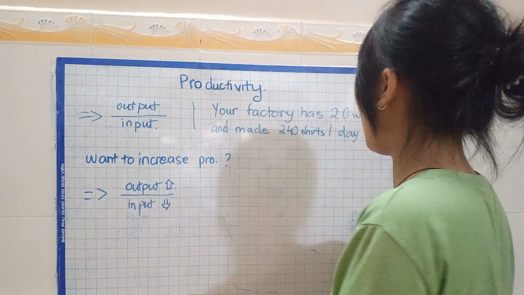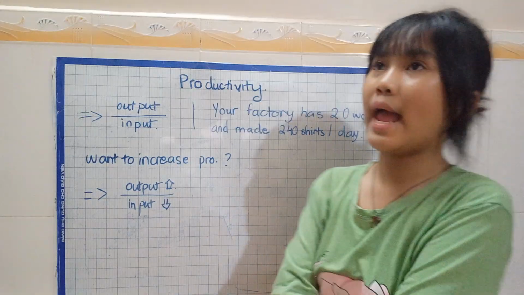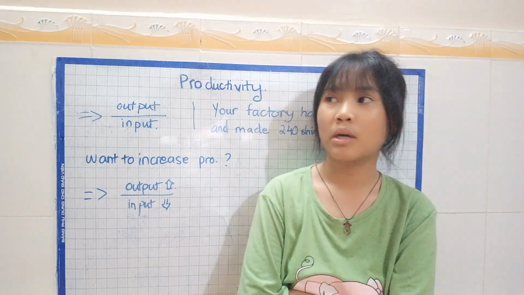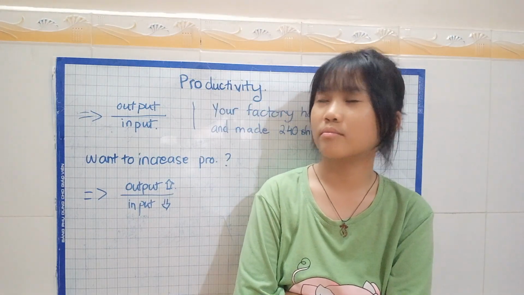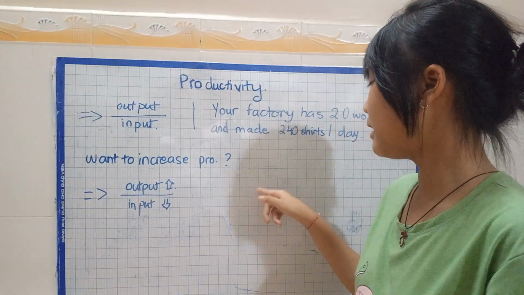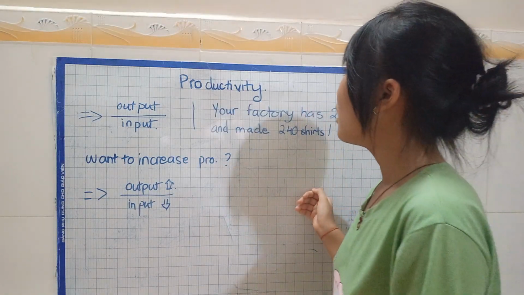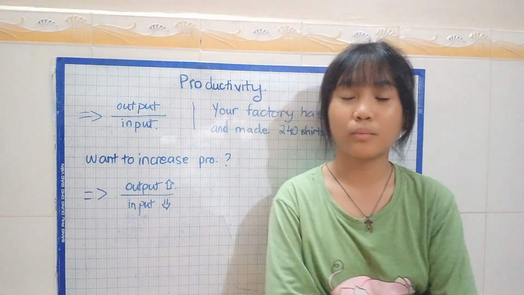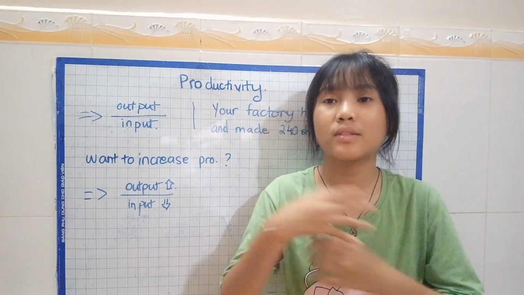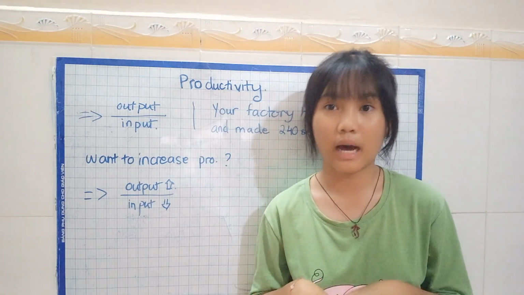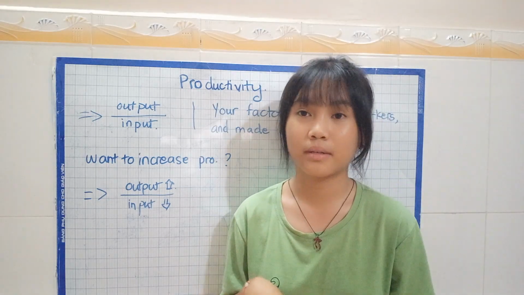You put 240 over 20, and it's equal to 12 shirts per employee. So that is the total productivity of the company and of each person.